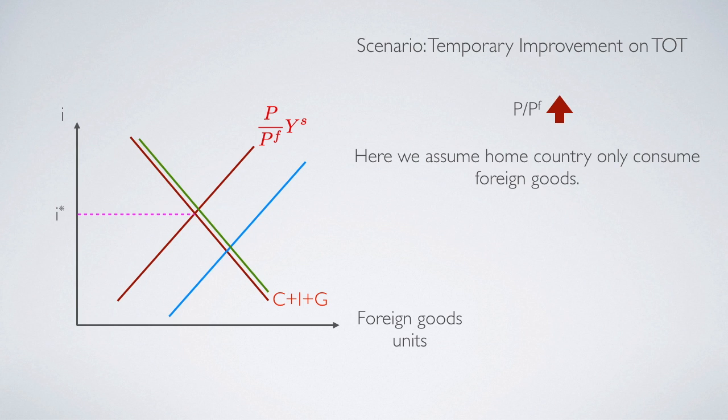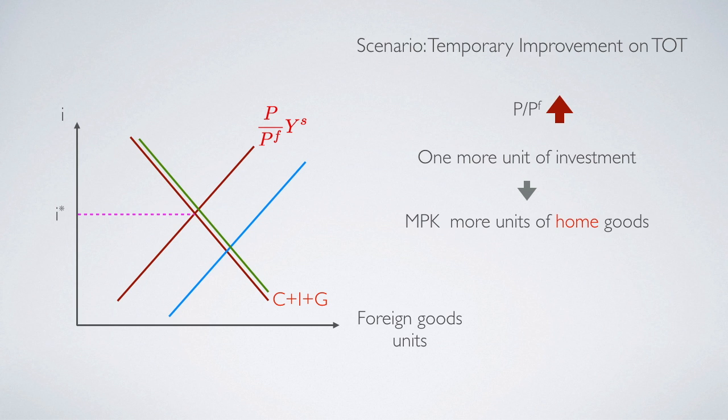Therefore, when the home producer produces, he cares about how many foreign goods his production can be traded for. Therefore, one more unit of investment can give the producer MPK more units of home goods, which can be used to trade for P divided by PF times MPK units of foreign goods.